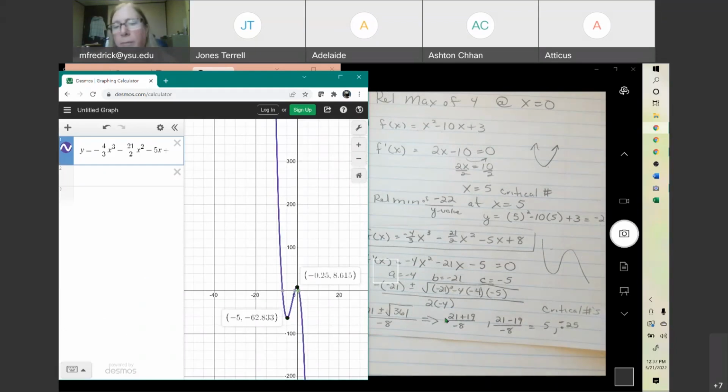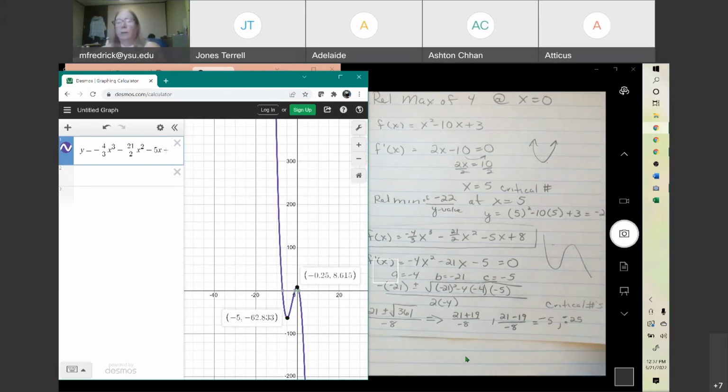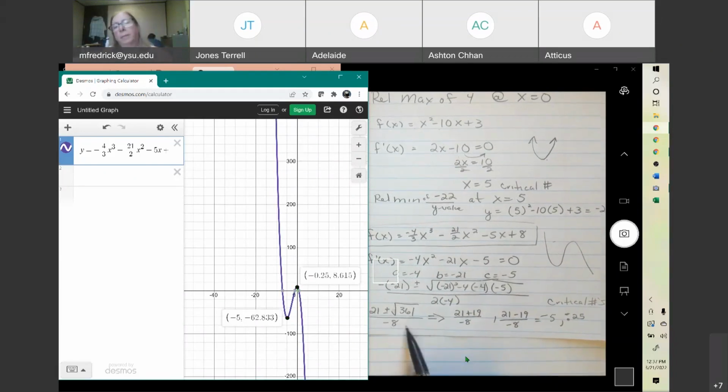Oh, they should both be negative. I forgot to divide by a -8. I only used positive. So these are both negative. Now by making your graph, it's a little easier to see that. And then you can see that this is a minimum.